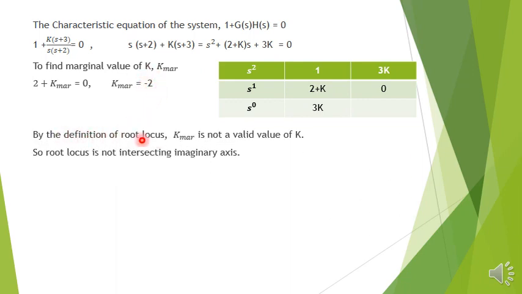So by the definition of the root locus, the marginal k is not a valid value, because k should be positive, but here I am getting the marginal k as negative. So the root locus is not intersecting the imaginary axis. In this particular case, the root locus is not intersecting the imaginary axis.